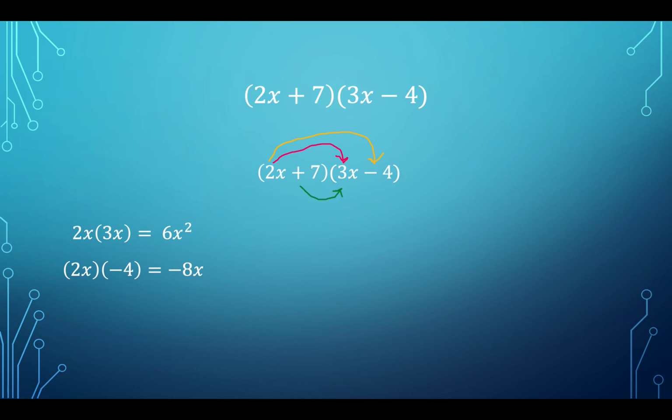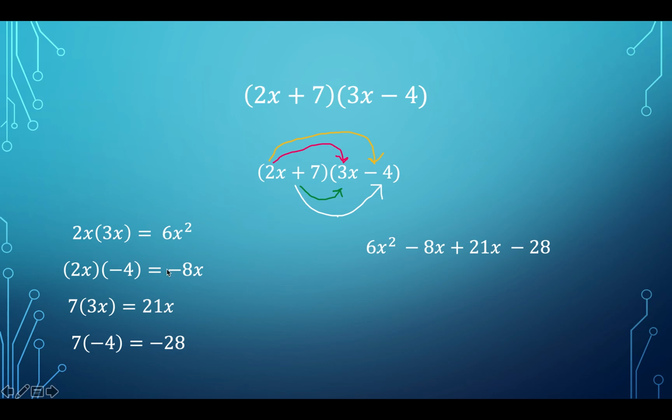Next, we multiply our two inner numbers, 7 times 3x, which gives us 21x. And lastly, we multiply the numbers in the last spots, 7 times negative 4, which gives us negative 28.